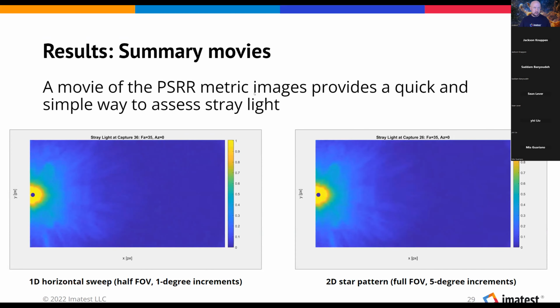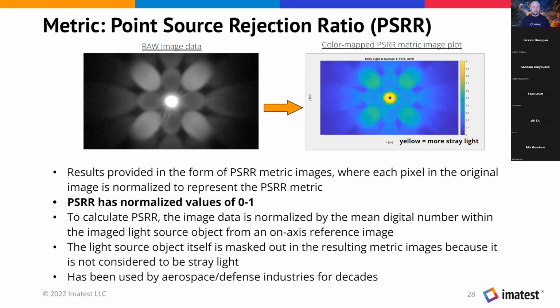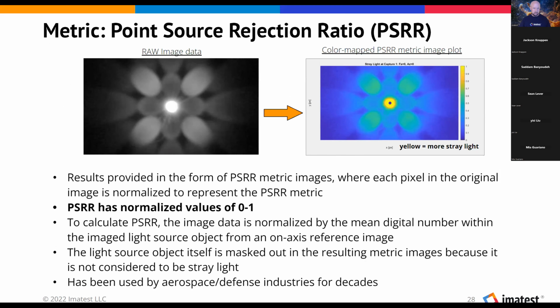Oh yeah, sure. My question is, if you go back to the previous PSRR slides, I think you mentioned that for the normalization, you will keep the center below the saturation, right? Then any stray light you're capturing will be limited by your dynamic range.